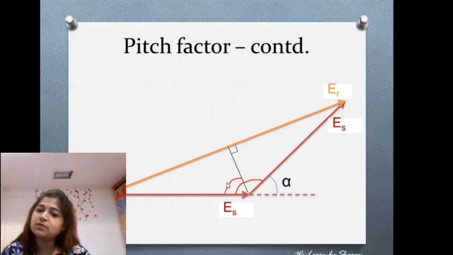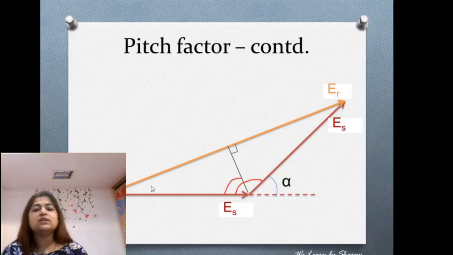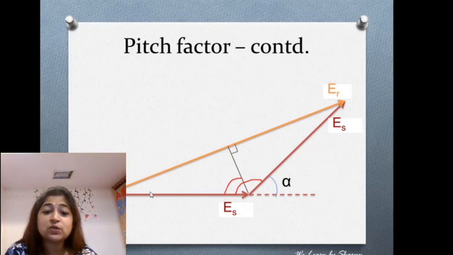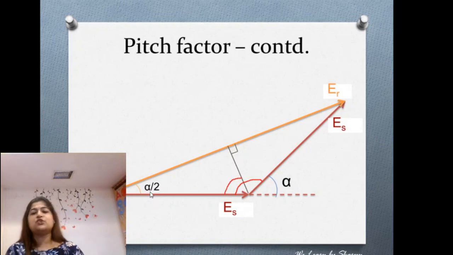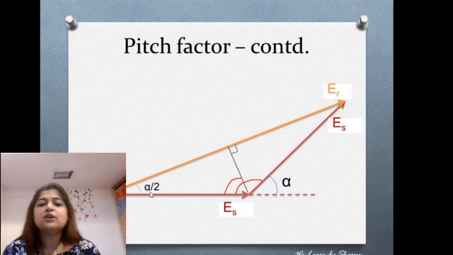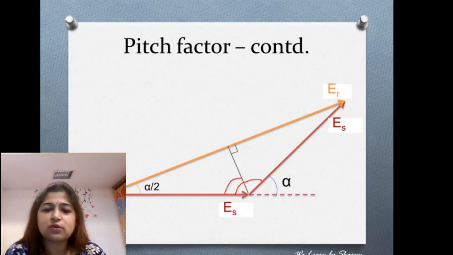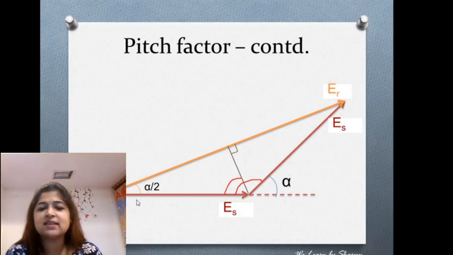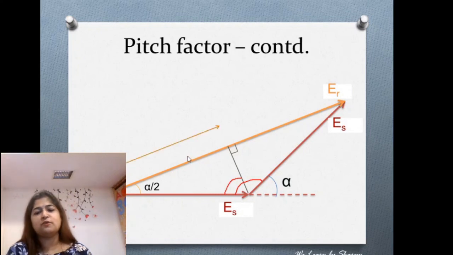If this is 90 minus alpha by 2 and this is 90 degree, this angle will be equal to alpha by 2 by the law of triangle, right? So now we will consider this particular triangle. If this is angle alpha by 2 and this is ES, by applying a trigonometric expression here, we can get the value of this part of the phasor.